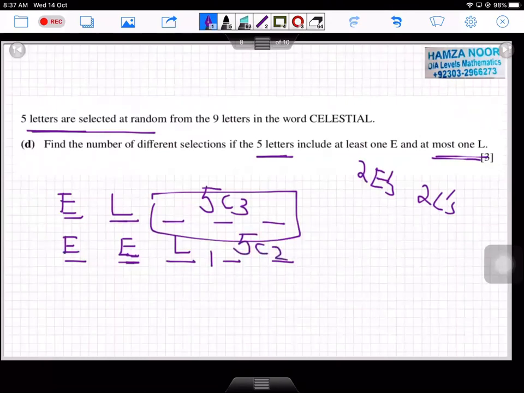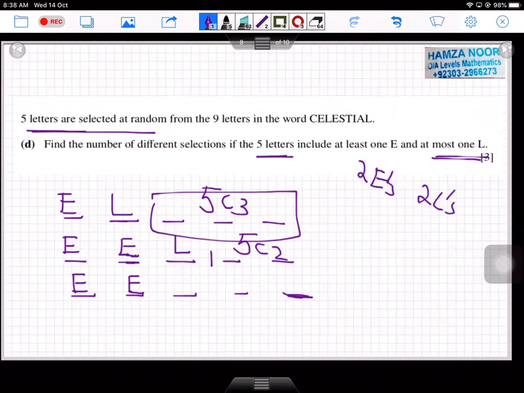What's going to happen next? Another possible combination is where you have 5 spaces to fill, and at least one E, and at most one L. It is also possible that you have two E's and you don't have any L, because at most one L means maximum you have one L. Two L's are not possible in this scenario.